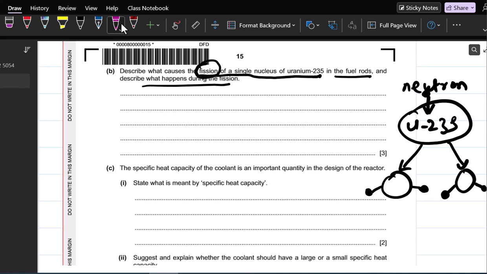So what happens when one neutron hits or collides with the uranium-235?